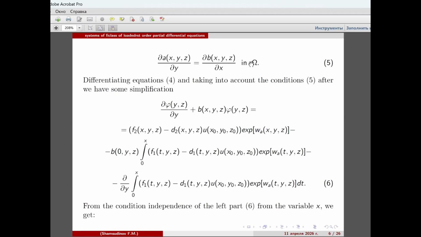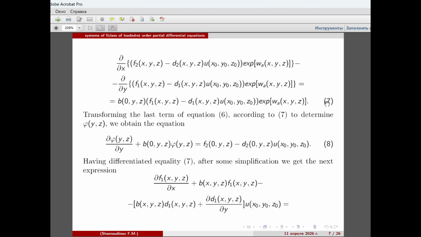Differentiating equation 4 and taking into account the condition 5, after some simplification we have 6. From the condition of independence of the left part of 6 from the variable x, we get 7.